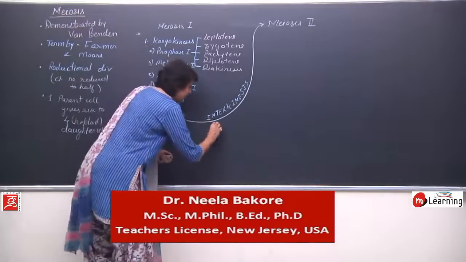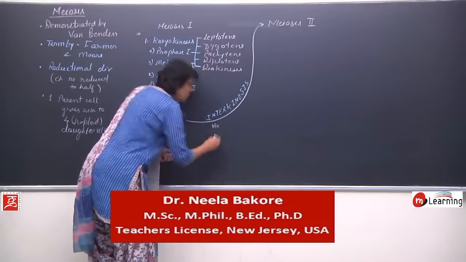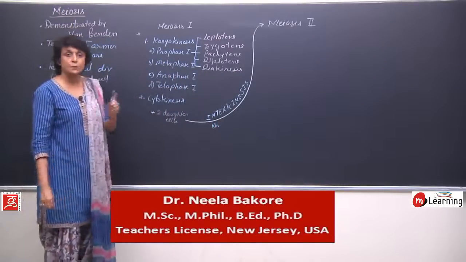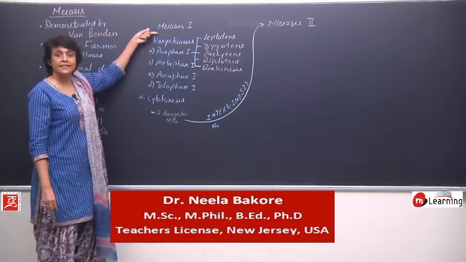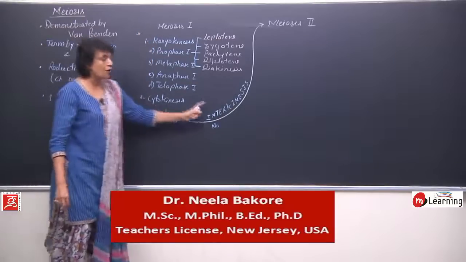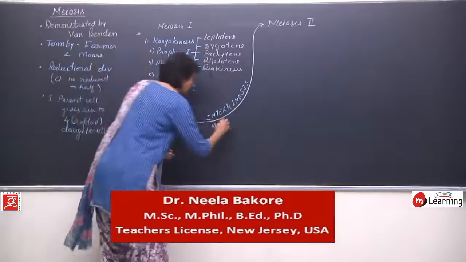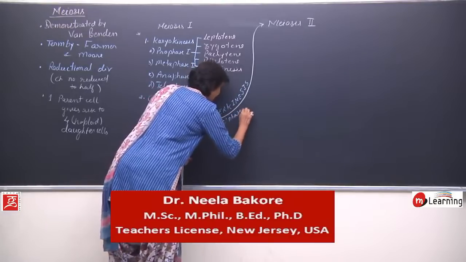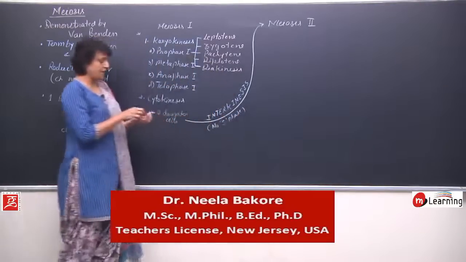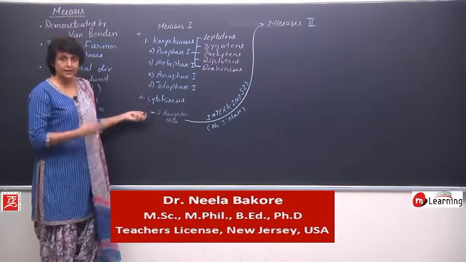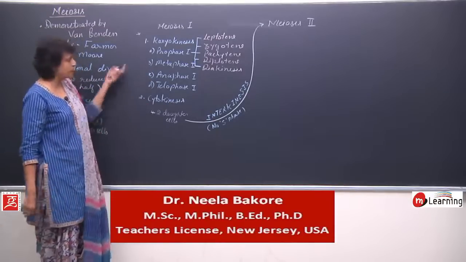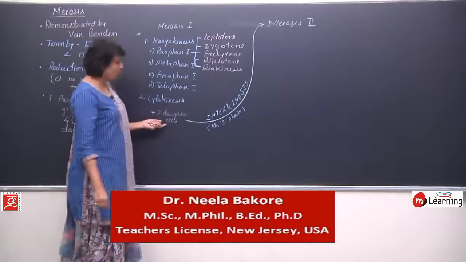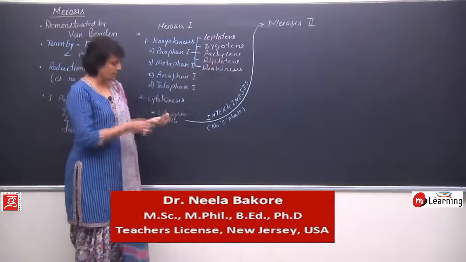Here in this interkinesis, there is no S phase. That means DNA replication takes place only once, and that is during interphase, not during interkinesis. So here there is no S phase. This will become more clear to us once we start explaining each and every stage and understand what changes take place. Now these 2 cells undergo meiosis 2.